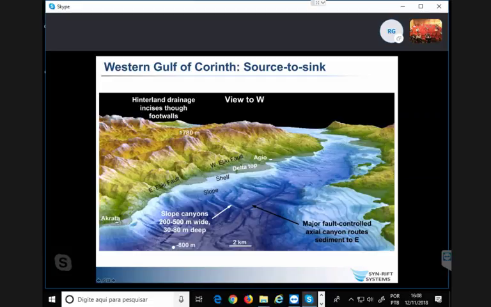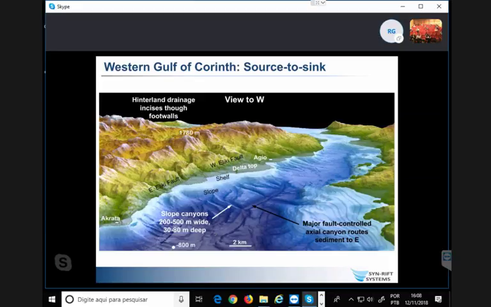And in the hanging wall of the active faults, where the high sediment supply is from those large catchments, we have a series of hanging wall deltas with clear delta top, shelf and slope, and these pass downward into a series of transverse submarine canyons, which link into an axial fault-controlled canyon that then transports that sediment eastward into the depocentre.